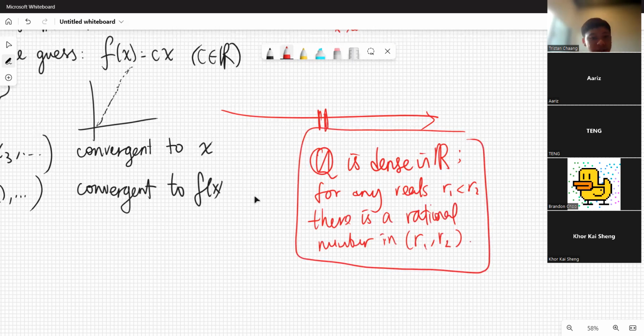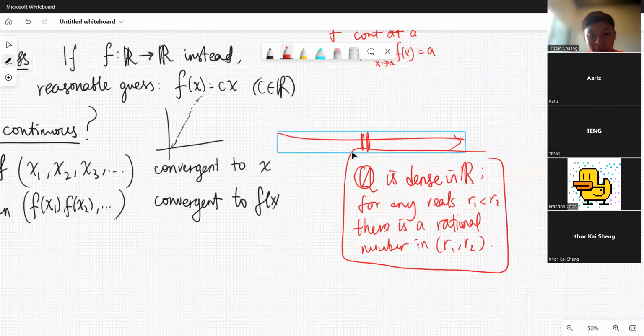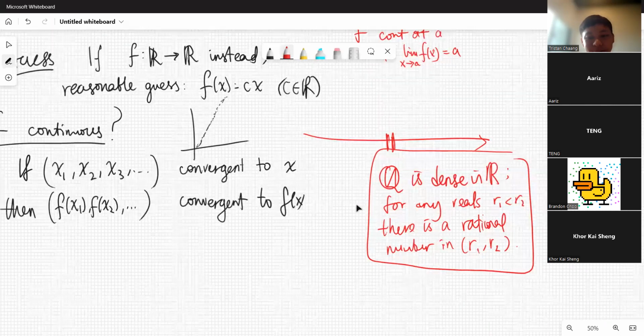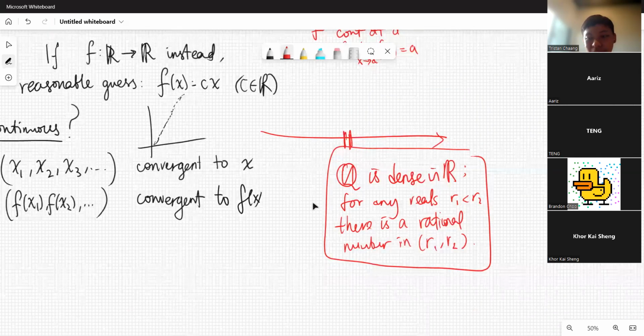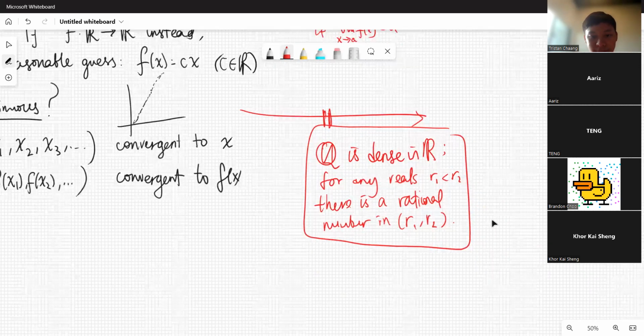So anyone knows how to prove this? It's more of a combinatorics question, but it will be useful. Well, if you want to use this one, it's also fine.